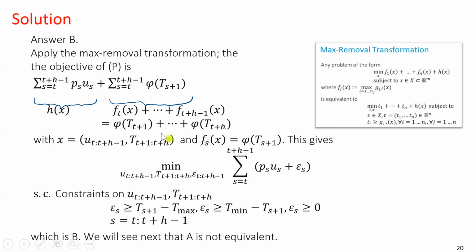So this is what I'm doing here. I replace one of those terms, for example, phi of t plus 1 by an epsilon t plus 1, and I add the constraint that epsilon is greater than the 3 terms of the max function here. So that gives exactly formulation B.